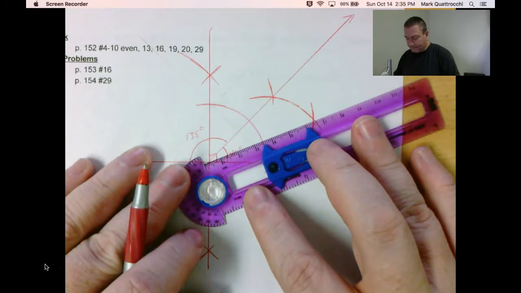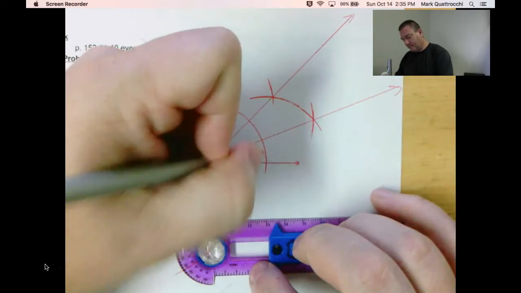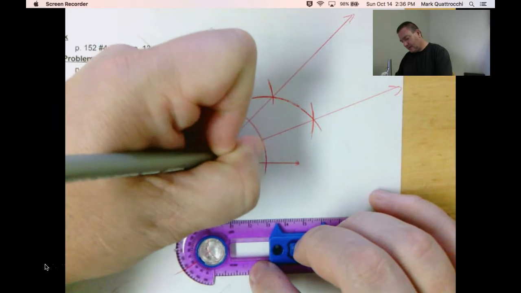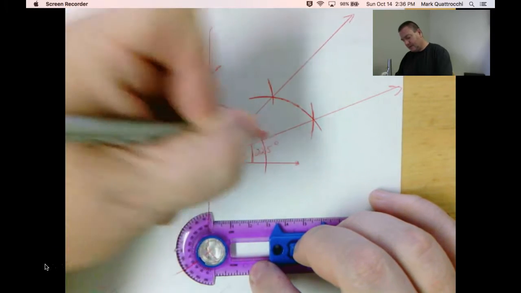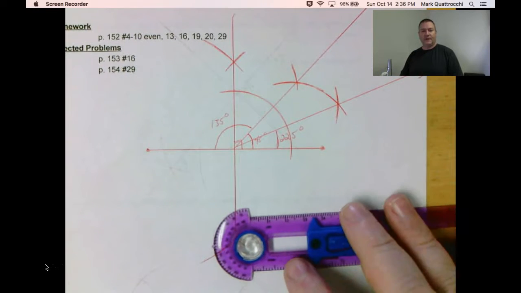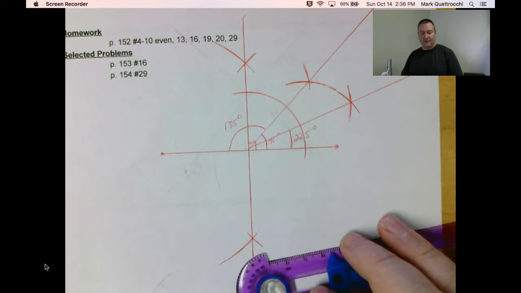Connect. And suddenly we have a 22.5 degree angle. So there's 45, 135, and 22.5, which is parts A, B, and C.